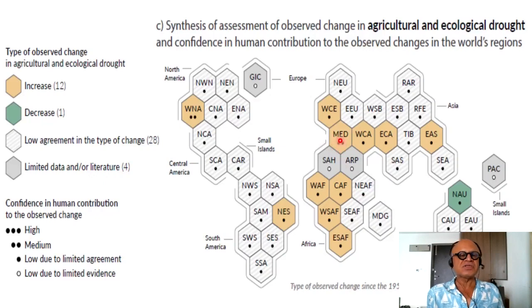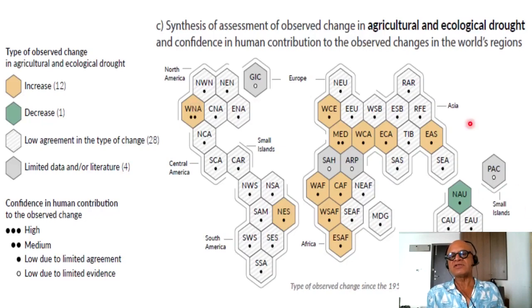In the Mediterranean there is medium confidence, Western North America there is medium confidence. This has become a poster child for long lasting severe drought, with contributions from man-made climate change as well as man-made water management issues as well.